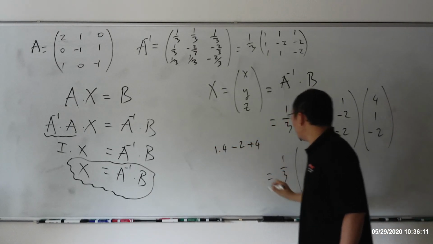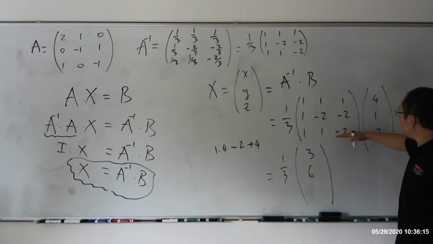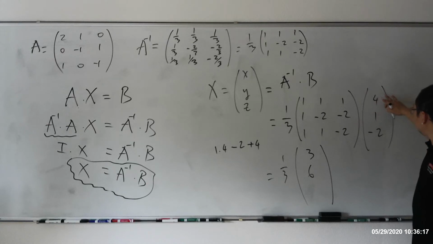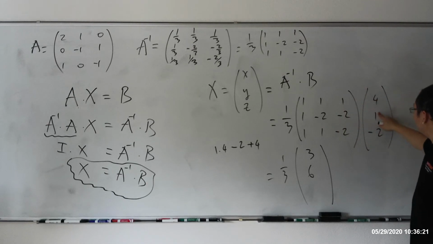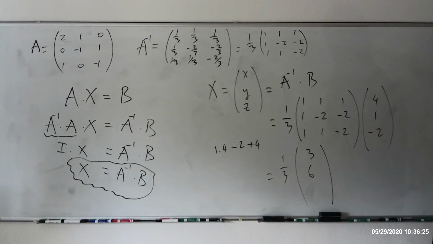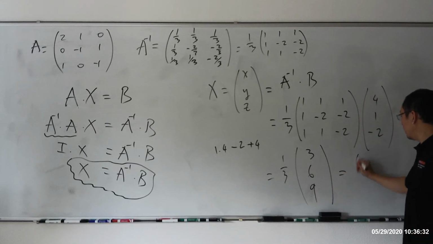So 4 minus 2 is 2, plus 4 is 6, yes. And then the last row right here, 1, 1, -2 times 4, 1, -2. So 1 times 4 is 4. 1 times 1 is 1. 1 plus 4 is 5. -2 times -2 is 4. 5 plus 4 is 9. And of course, you multiply by 1/3 in front, you got what?